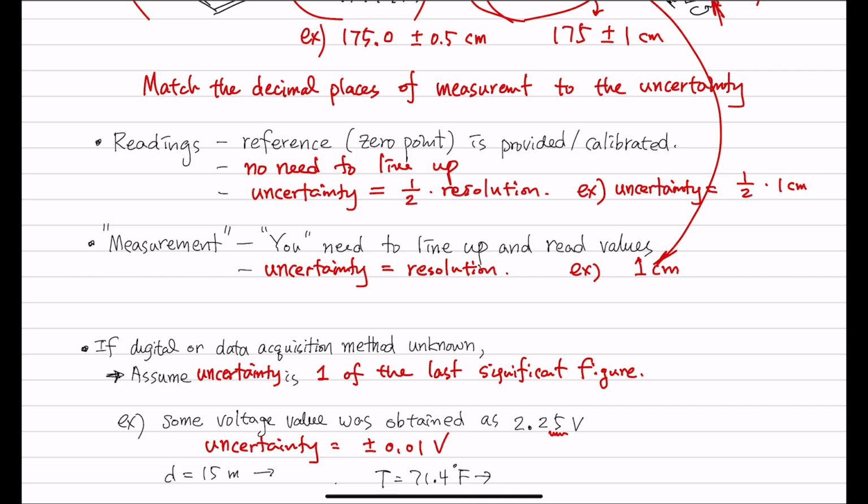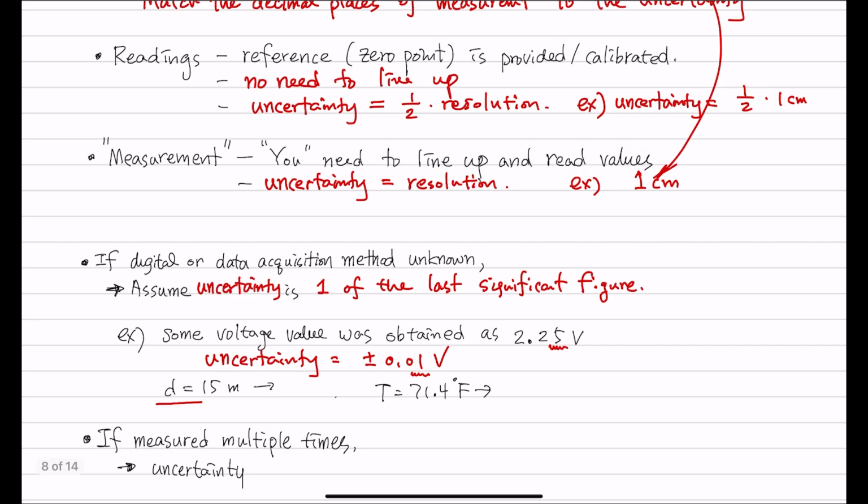This is the last significant figure, and we just make it 1, and then you put it there. So if you measured something, or it gave us 15, and you don't know how it was measured, you just assume that's plus and minus 1 meter. If this is given, then what? It's going to be 0.1 plus and minus Fahrenheit, like that. Okay? These are all just definitions.